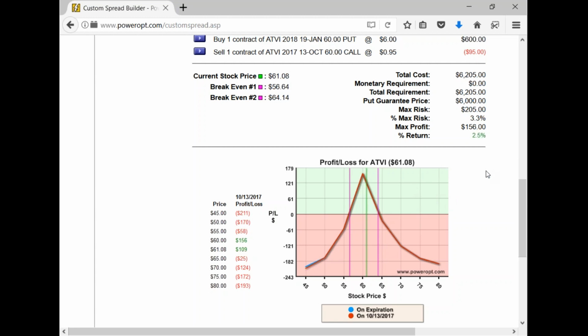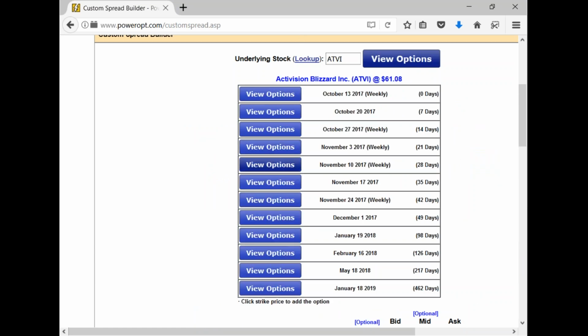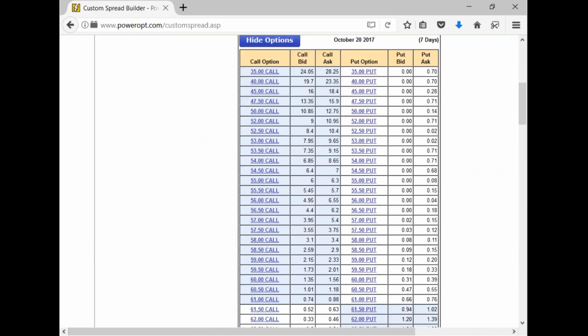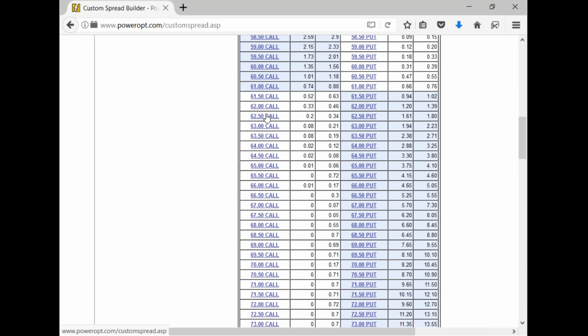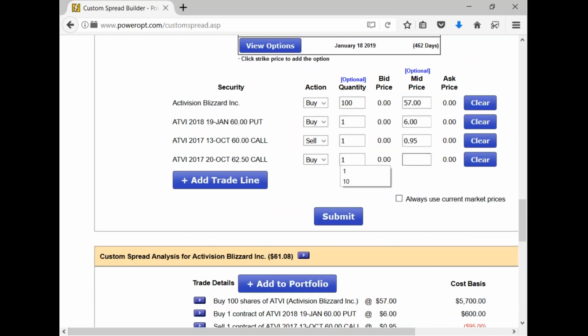Now, as I scroll up to the top, the income method number 6. Let's say 2 weeks ago on October 1st is when I sold the 60 strike call, but at the same time, I would have bought a 62.5 call for maybe 40 cents. Probably, let's call it 35.